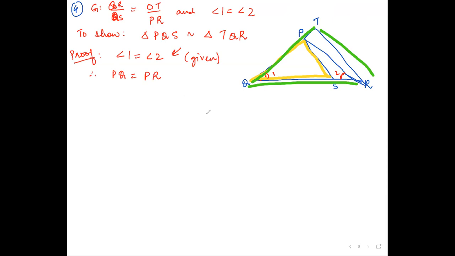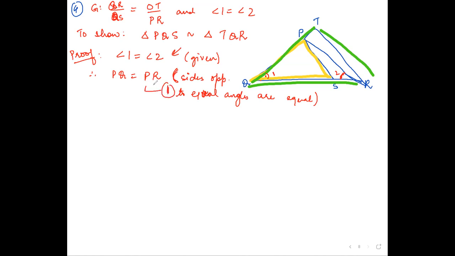So you will write this in the bracket: sides opposite to equal angles are equal. This is from previous classes, you know. Let me call this equation number 1 because I can use this result somewhere.